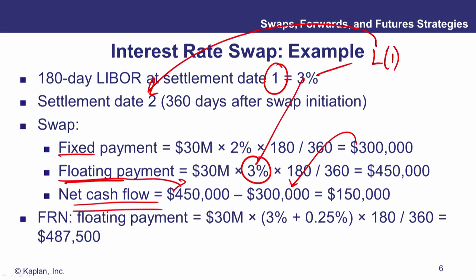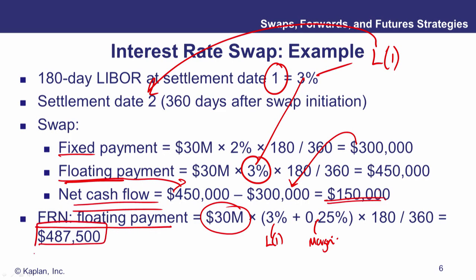Now, unfortunately, given that we're getting a payment under the swap, that must mean that rates have gone up and we must be losing under the loan. So here's the FRN payment, $30 million. LIBOR, the relevant LIBOR for this second period is the LIBOR at time 1, the start of the period, plus the margin, de-annualized, 180 over 360, that is 487,500. So we are paying a lot more for our loan in this second period.